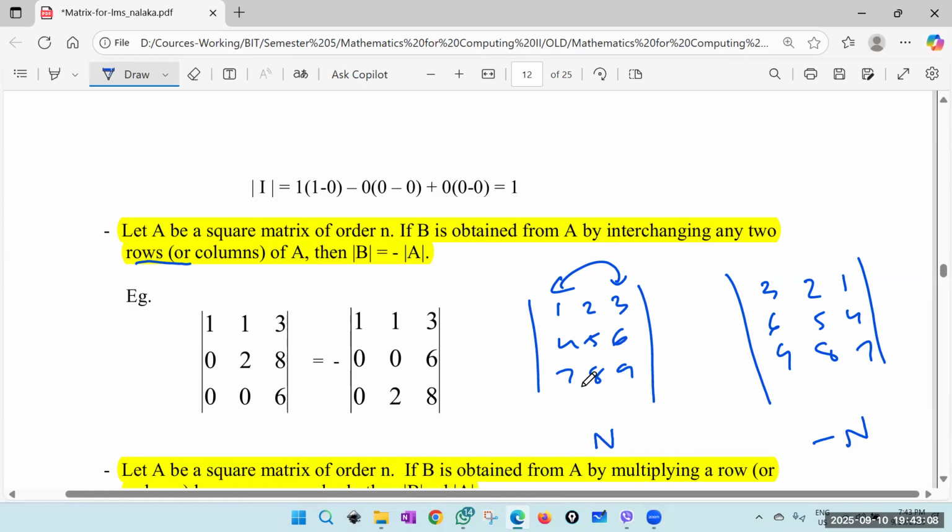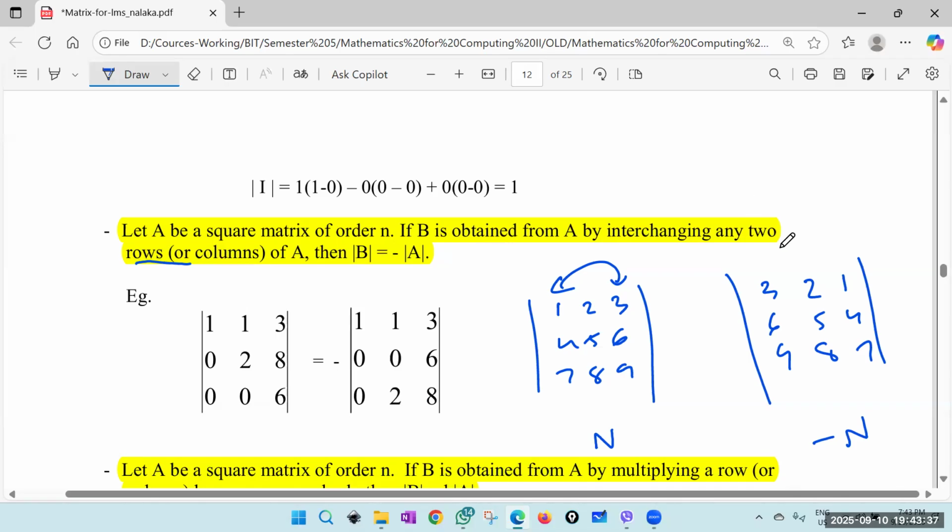So if this one's determinant is after calculation minus 5, this will be plus 5. If this is 12, this will be minus 12. So if you obtain a matrix by interchanging any two rows or columns, the resulting matrix's determinant is negative times the determinant of the original matrix.